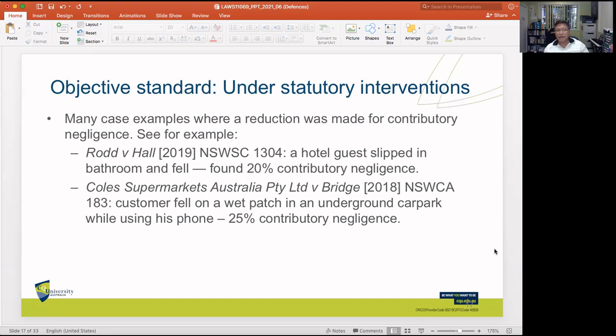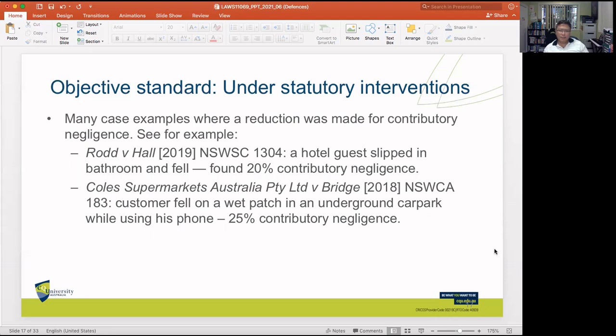And she wasn't careful, and she slipped and fell. And the court found the hotel to be liable, to be negligent, but at the same time, the liability of the hotel was reduced by 20% because the court found that the plaintiff's own negligence contributed to the harm.